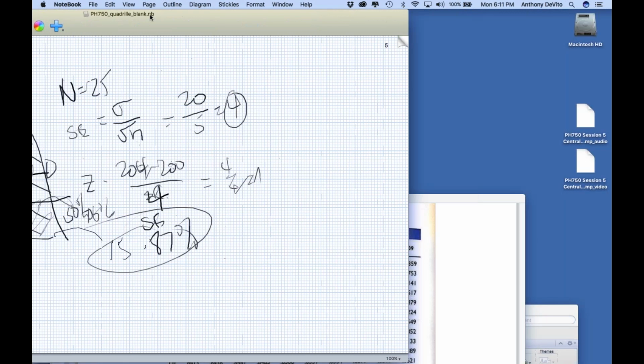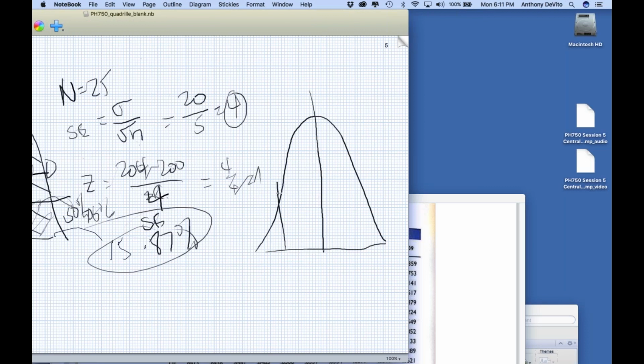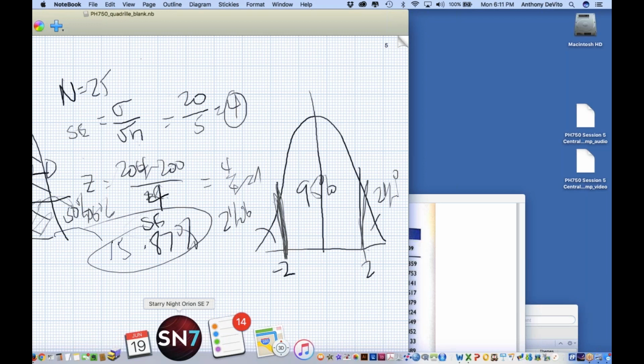Well, in order for that to work, since it's symmetrical, you would have to have exactly 2.5% of the population here and exactly 2.5% here. So let's go to our z-table and see if the z-score is really 2 here and here, minus 2 and 2, right?